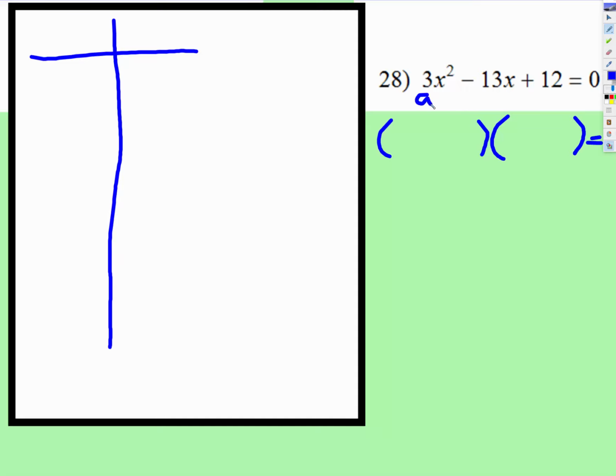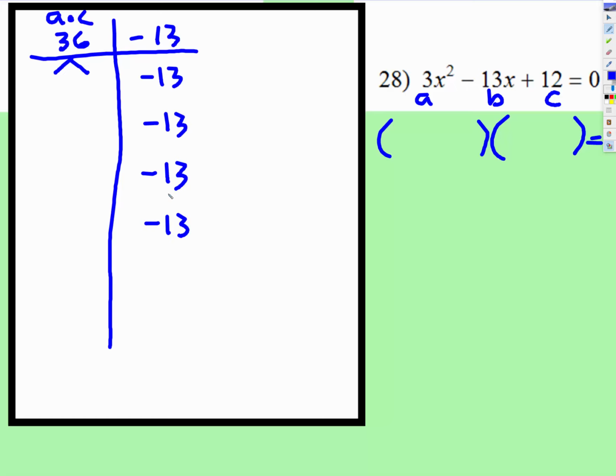So imagine that this coefficient is A, this is B, this is C. Remember, it's A times C, so 3 times 12 is 36. And the factors of 36 have to add up to the B value. So we want factors of 36 to add up to -13.